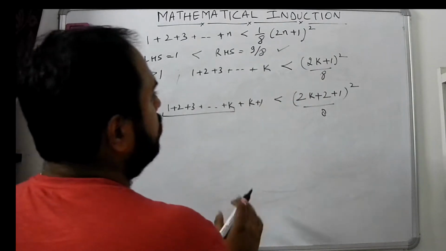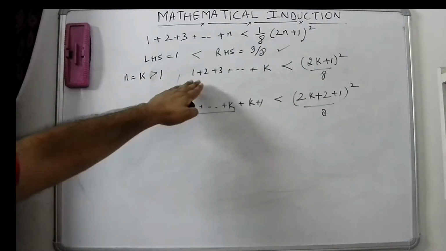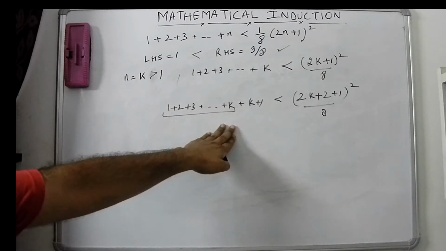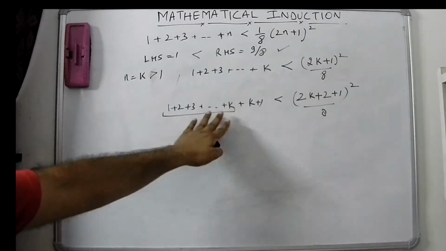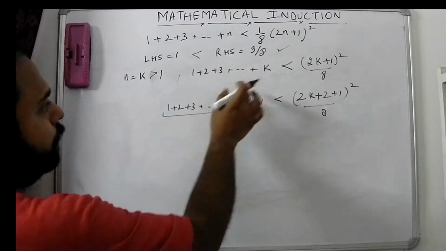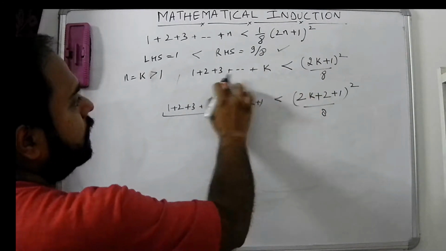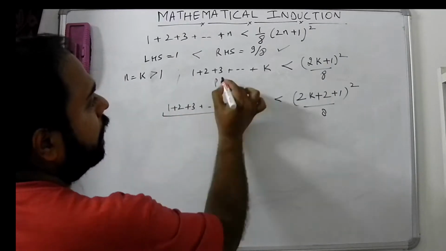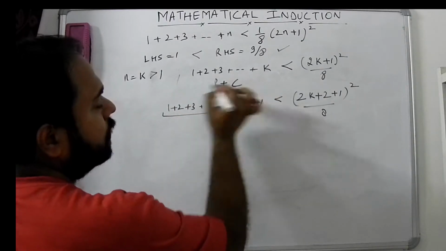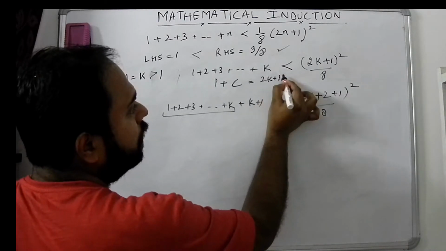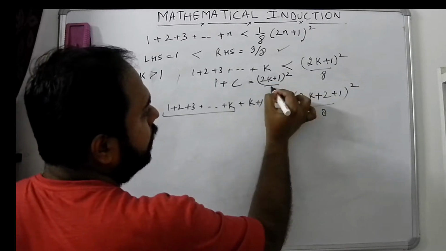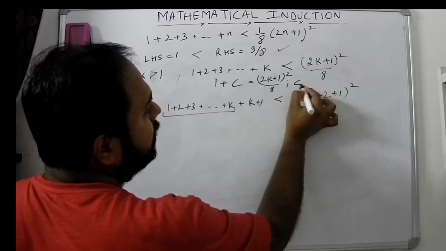So there are two things that I can do. Let's do it this way. Let's call this thing P, and I am saying that if I add a constant C, this becomes equal to (2k plus 1) whole square upon 8, wherein C is greater than 0.